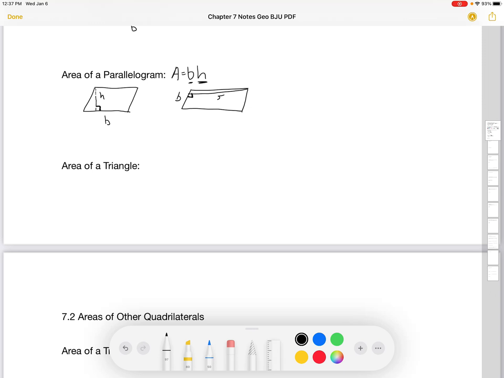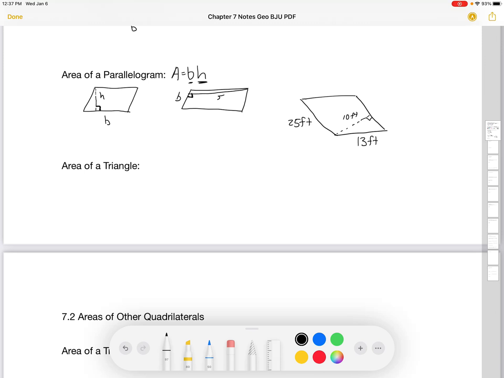So if we were given this picture, it says that this is 13 feet, 25 feet, and this is 10 feet. Well, I know my base and my height are always connected by the right angle.